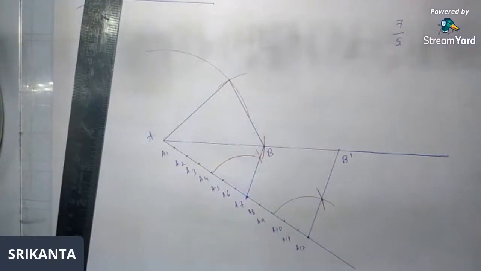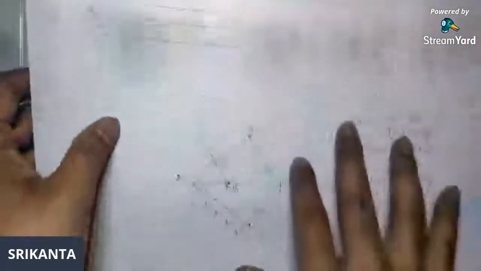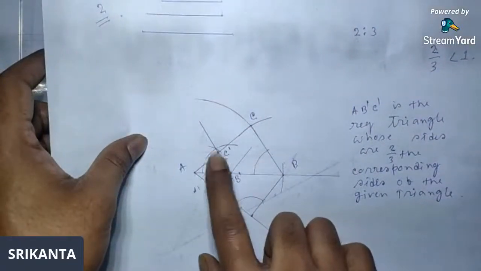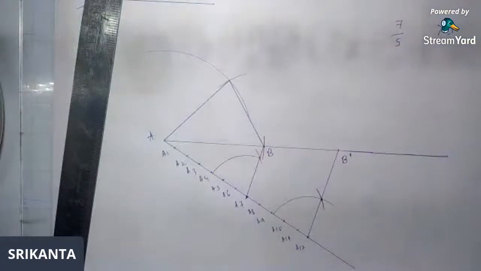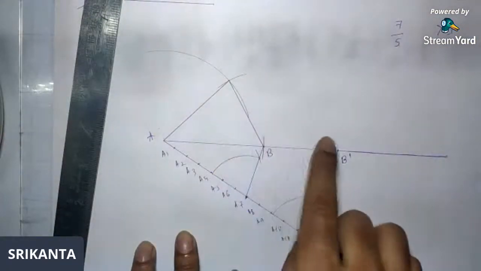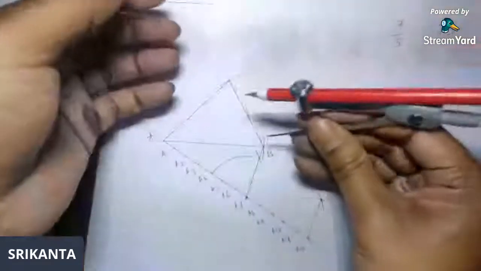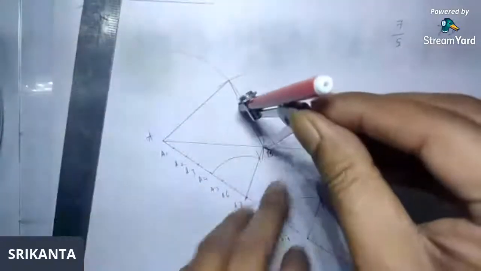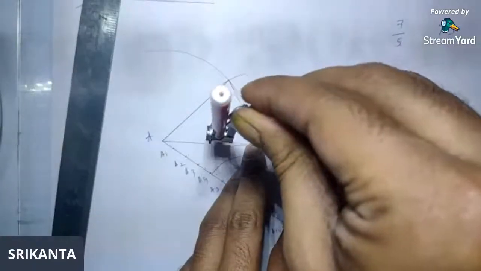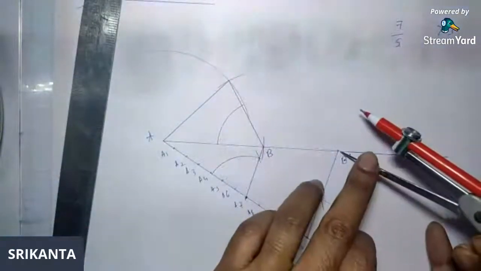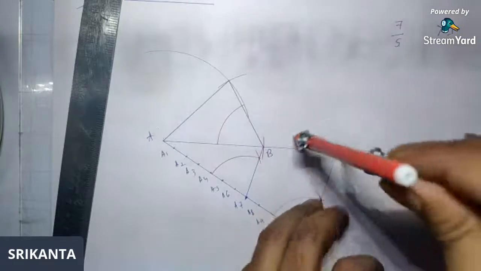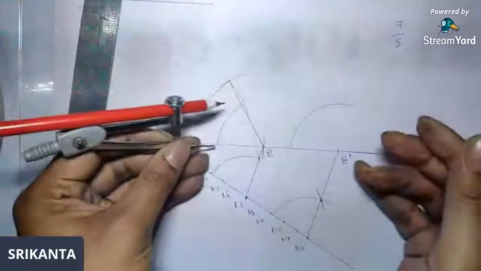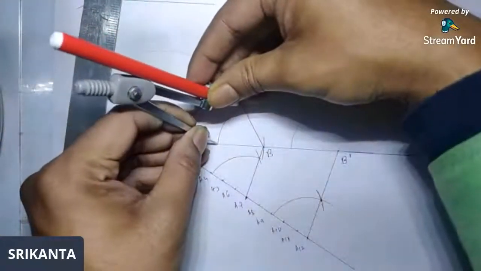Now what we'll do is same thing. In our previous question, we have imitated this angle here, right? We'll do the similar thing here. We'll imitate this angle there. So again, take any arc, measure it, put it here, measure it, and measure this portion.